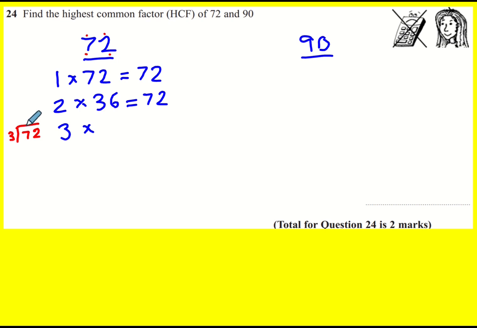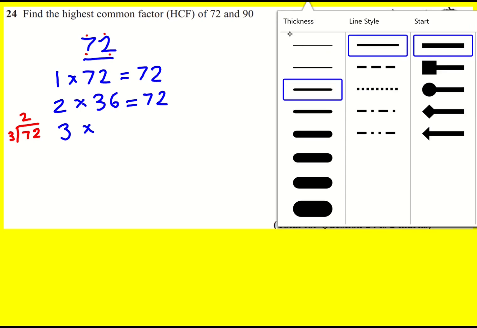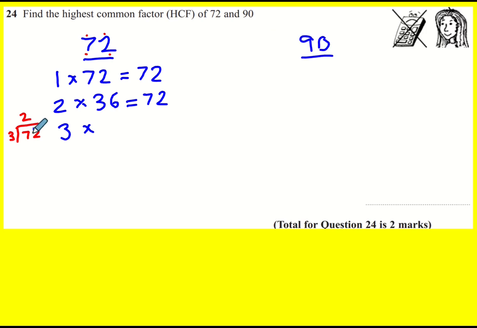Well, 3's into 7 goes twice, remainder 1. And then 3's into 12 goes 4. So 3 divides in 24 times to give you 72. 4 goes in as well. We'll do a little calculation for that.